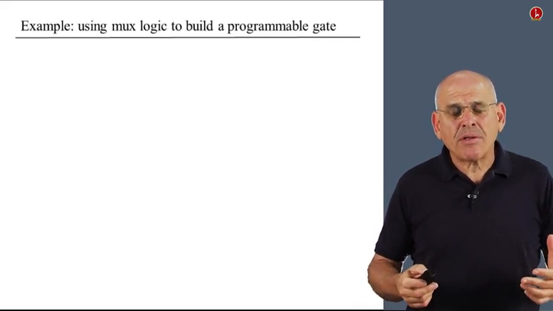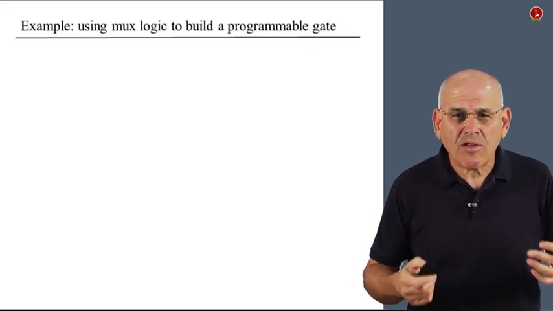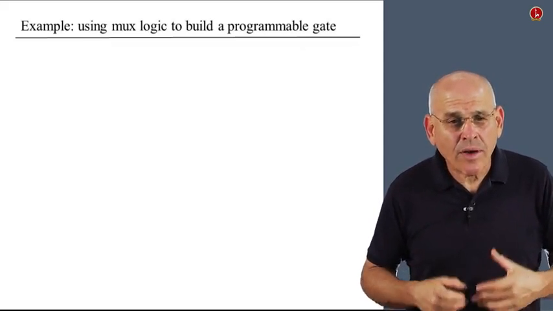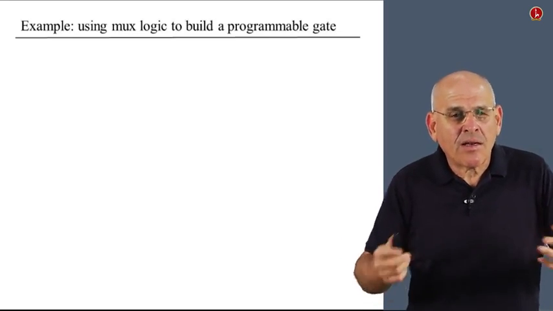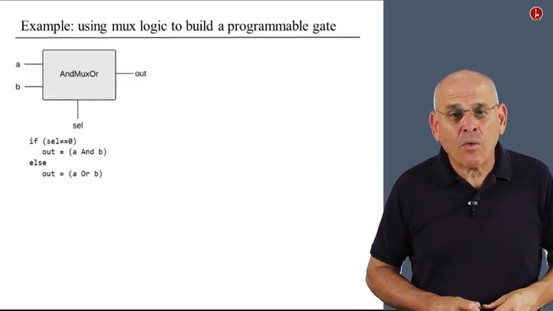So here's an example of how multiplexer logic comes into play in the context of building what is sometimes called a programmable gate. Now, what is a programmable gate? It's a gate that can behave in one of several different ways according to our will.